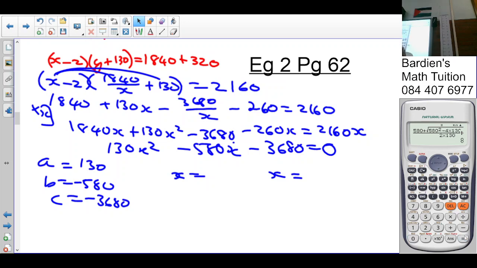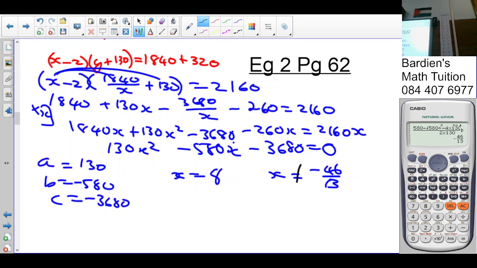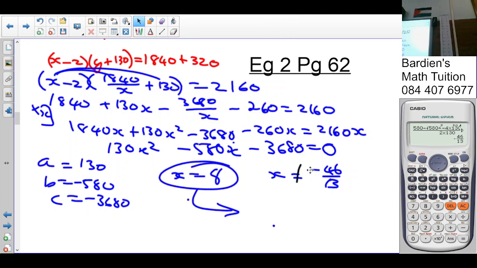That gives you 8 watches. Or, with a negative there, it gives you negative 46 over 13. Can we get negative 46 over 13 watches? No. So therefore, he has 8 watches originally.